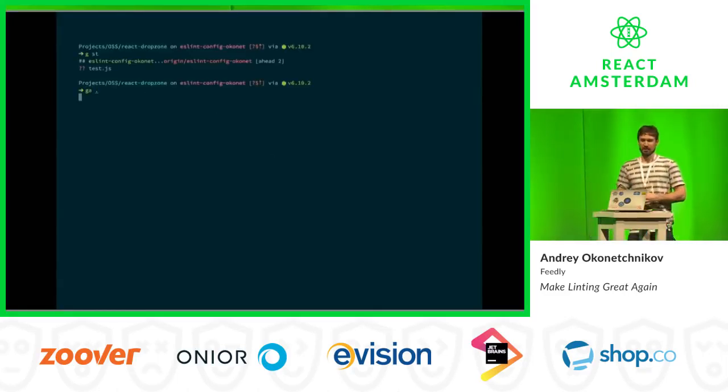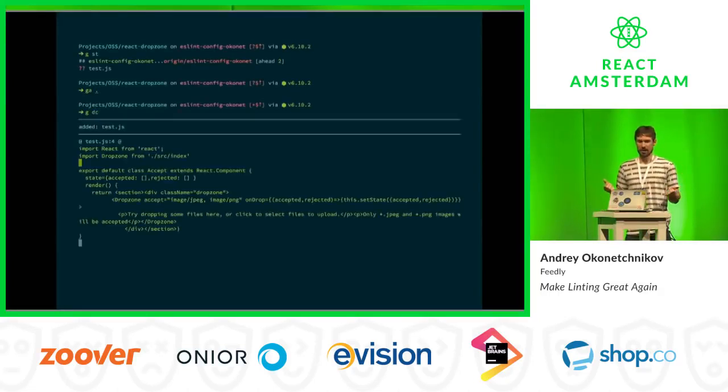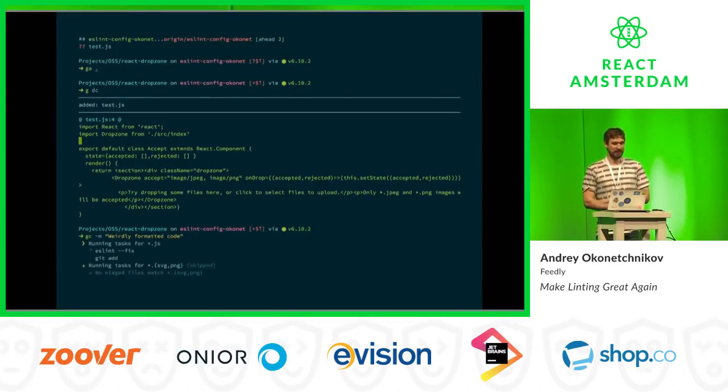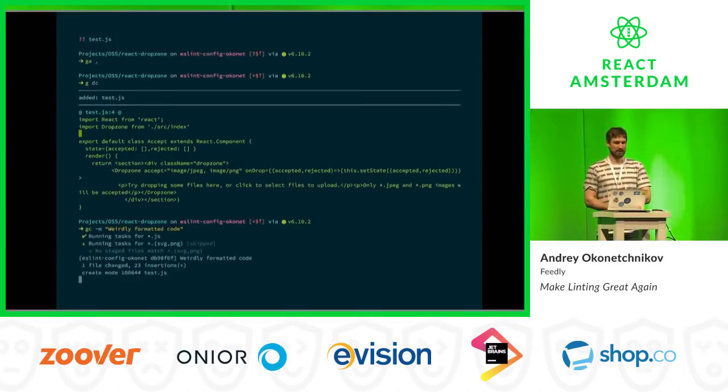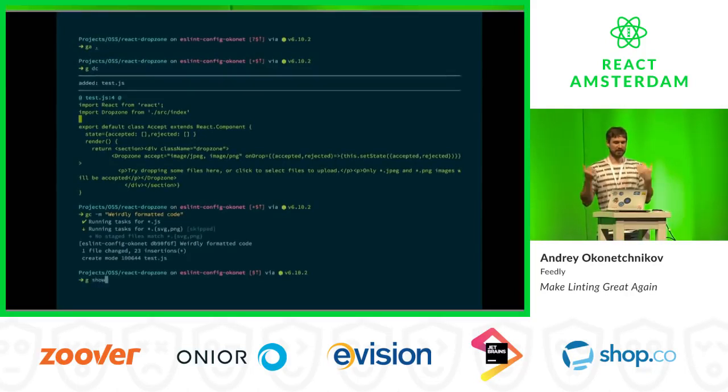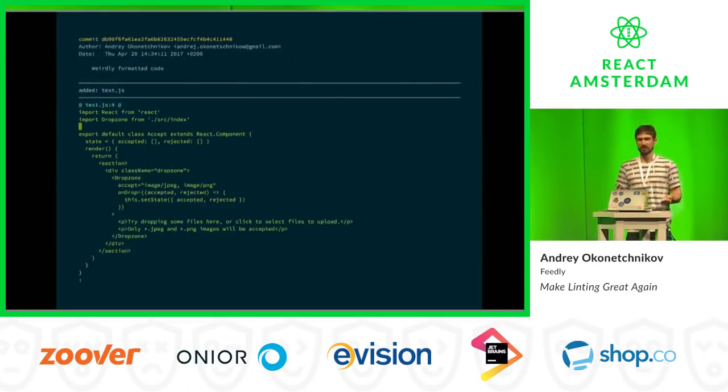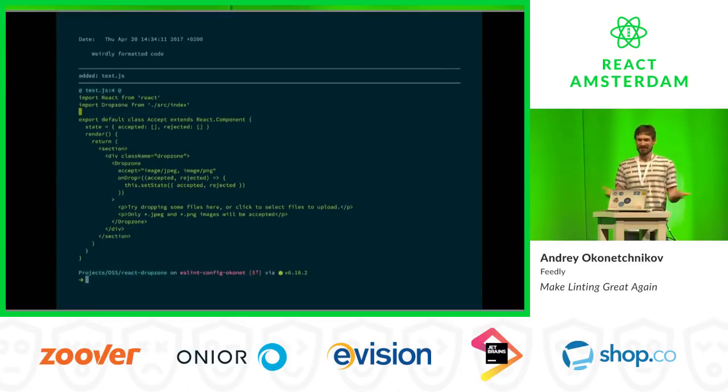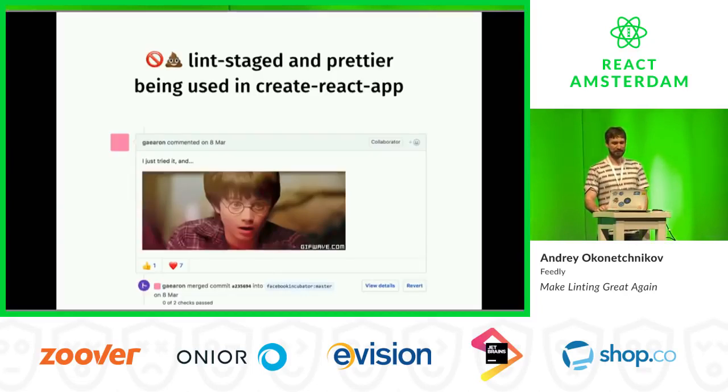Here I have some badly formatted React code. Nobody wants to read this one, right? And I commit it because I don't care. I'm a bad developer. And then I run this hook. And the next thing you can see, this is the code I got in the repository. Just like, what? It goes out of your way. You keep writing your code as you would, but it makes your code prettier.